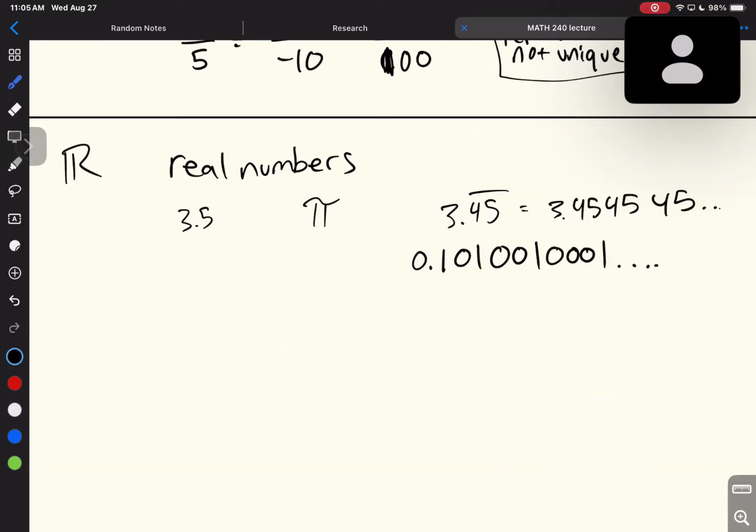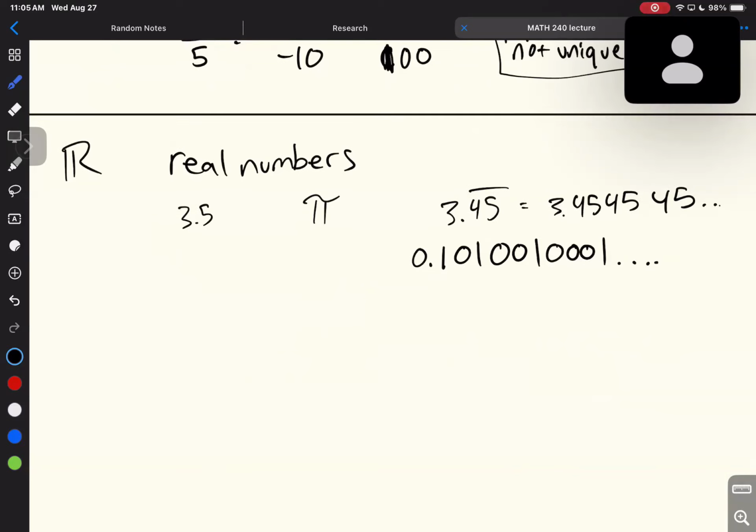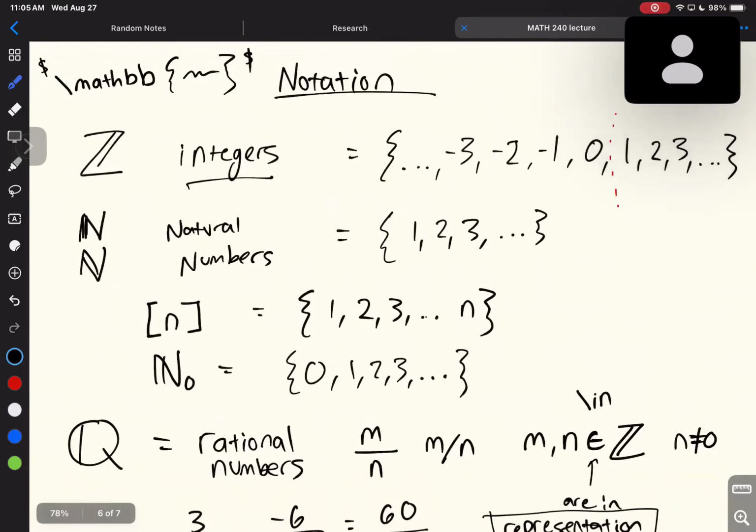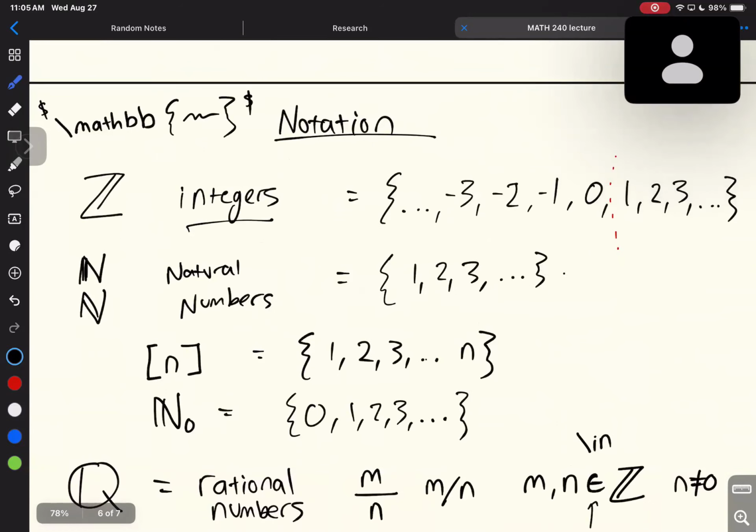One of the interesting things about these sets is that the ones we started with are contained in the later ones that we get. For example, the natural numbers are contained in the integers, right?